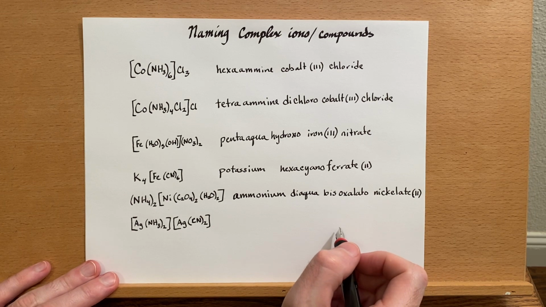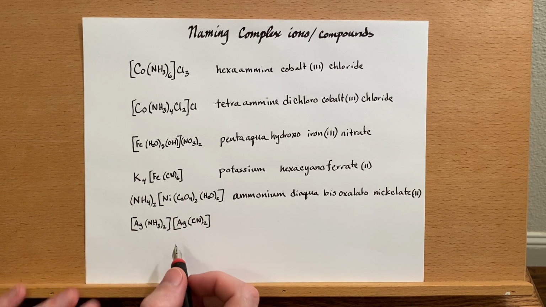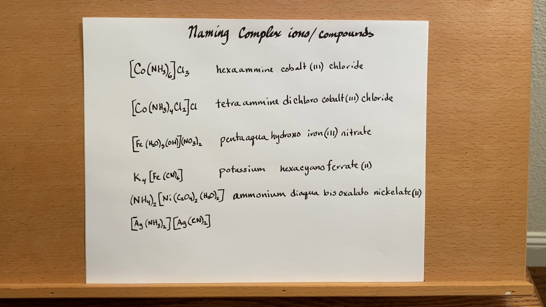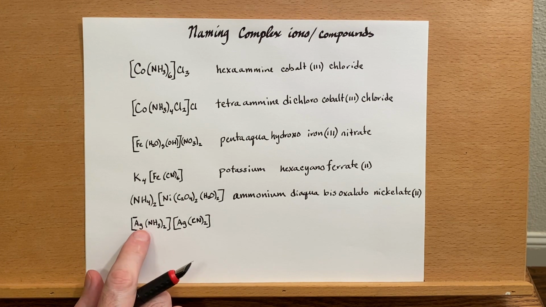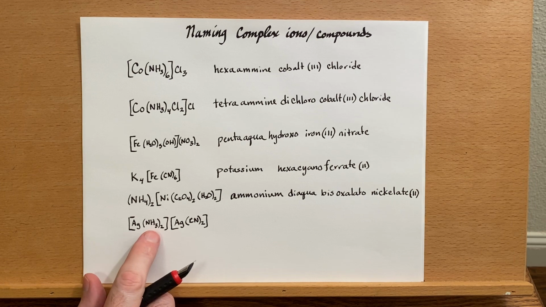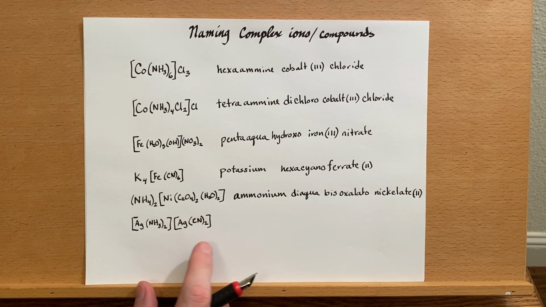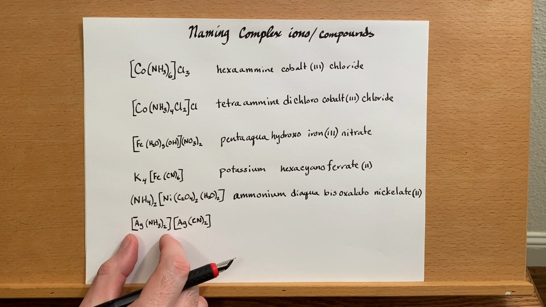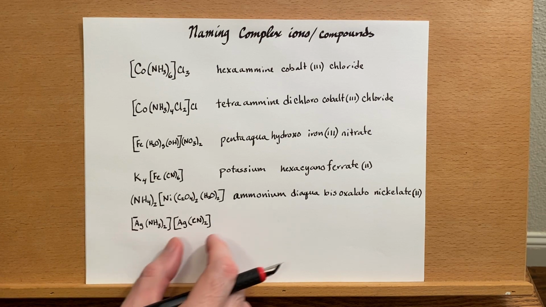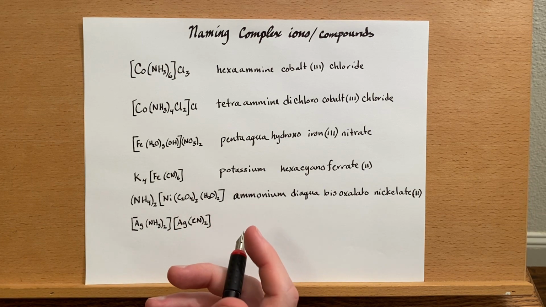Now we come to an interesting case down here. It is possible to have both of the ions be coordination compounds. There's no rule against it. And so in this case, we have a silver positive ion, and in this case, we have a silver negative ion. Well, what does that do to the name? Well, again, we just name the positively charged ion first, then we name the negatively charged ion.